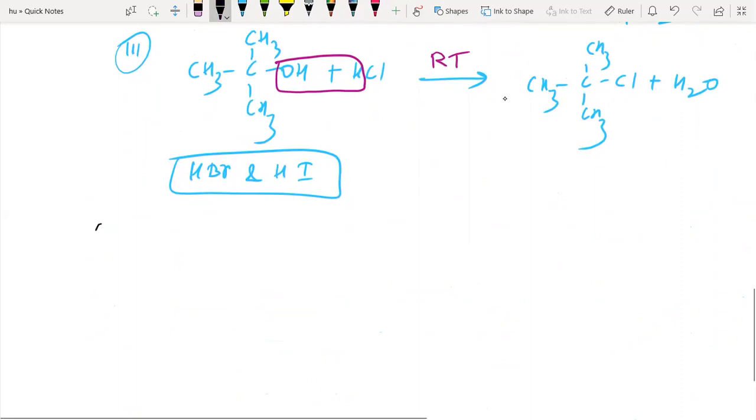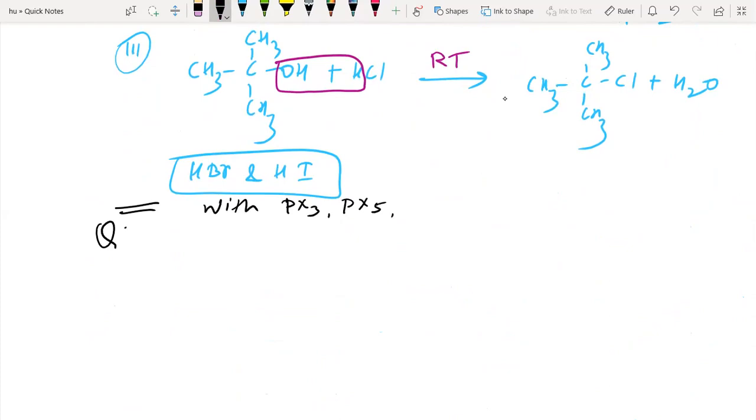This time I want to go for a new topic, that is reaction with phosphorus halides like PX3, even PX5, and we'll go for thionyl chloride also. Generally, we want to talk about what is the action of all these on alcohol.